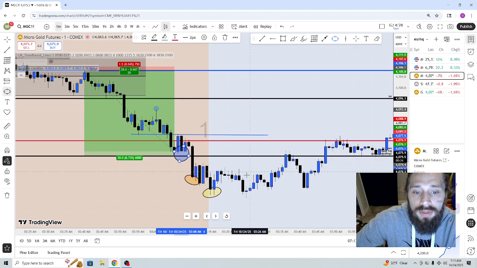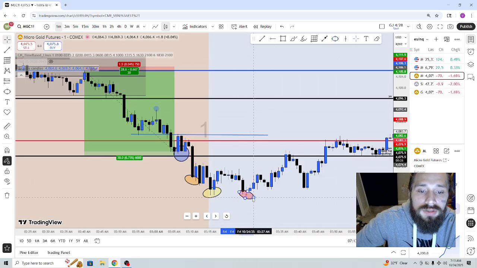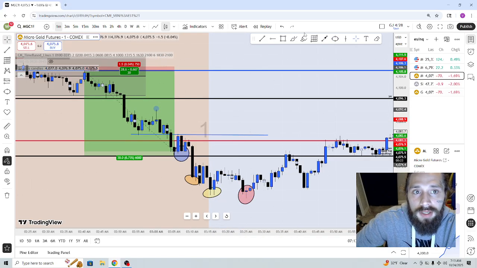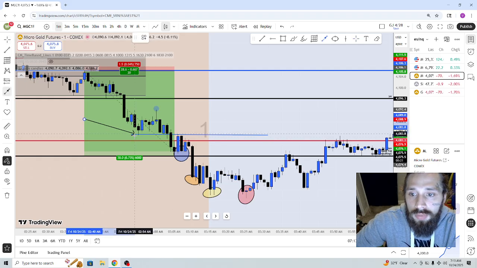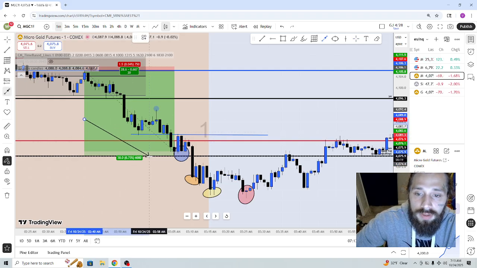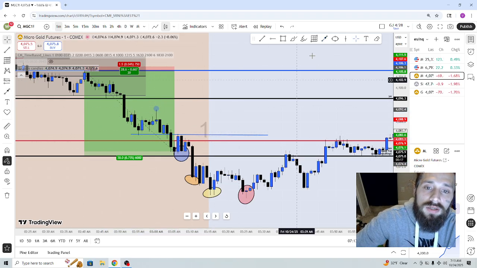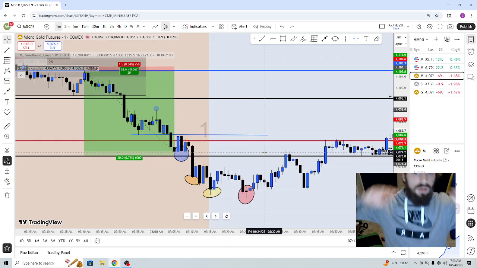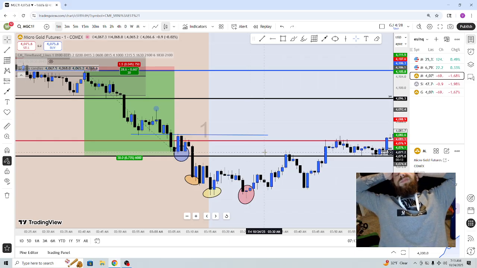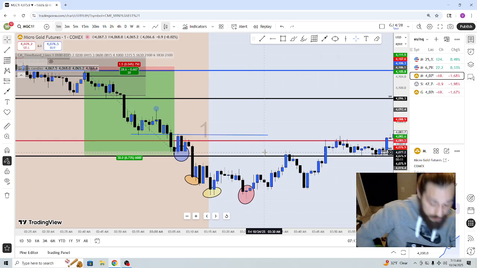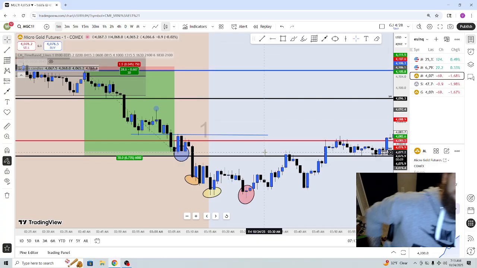Or does the breakout point end here at the red box? 4 options. We're breaking support, liquidity, another area of liquidity. We broke all 3 of these. Where does the breakout point end? And where does the follow through begin, or the retest begin?